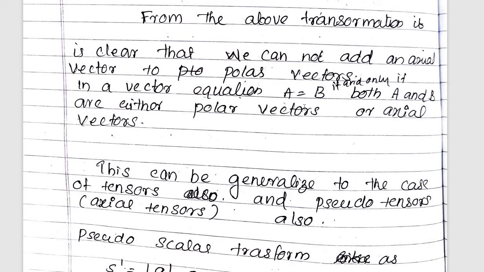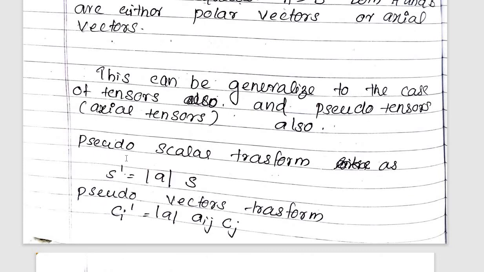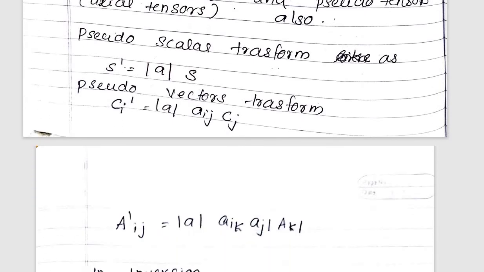So in vector addition, the two vectors should both be axial or both polar; only then can they be added. This can be generalized to the case of tensors also, so we can define pseudo scalars, pseudo vectors, and pseudo tensors.